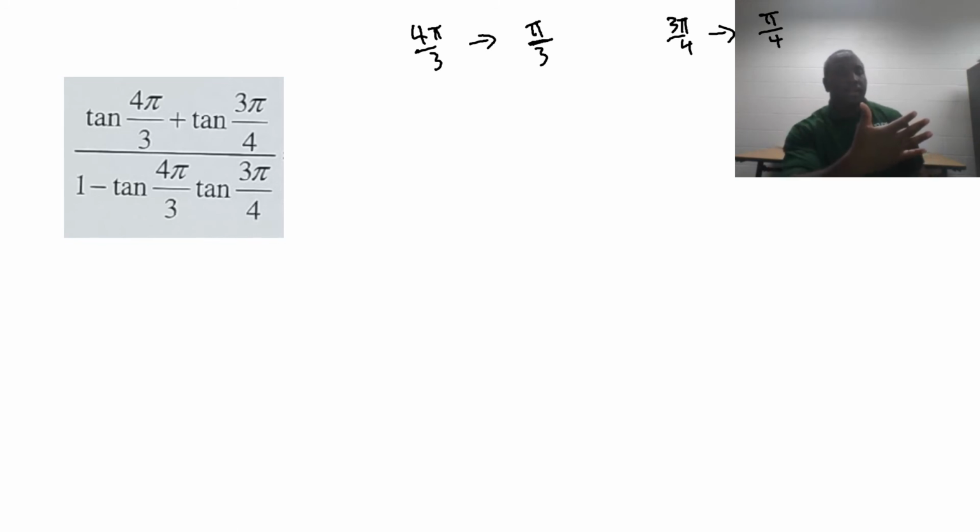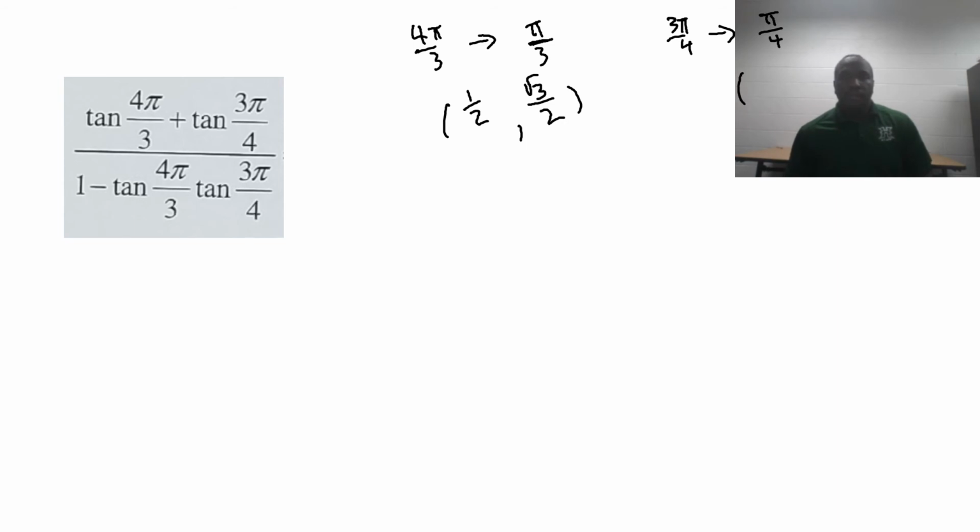So remember, pi over 3 is 0, 6, 4, 3, 2. So 0, 6, 4, 3. We're going to have 1 first, then 3. So we're going to have 1/2 and then square root of 3 over 2. So as an ordered pair for pi over 3, we're going to have 1/2 and square root of 3 over 2.